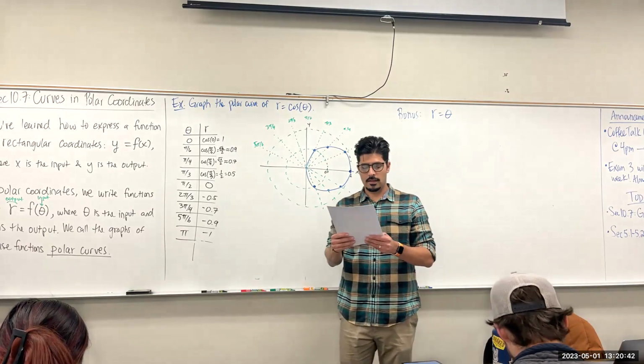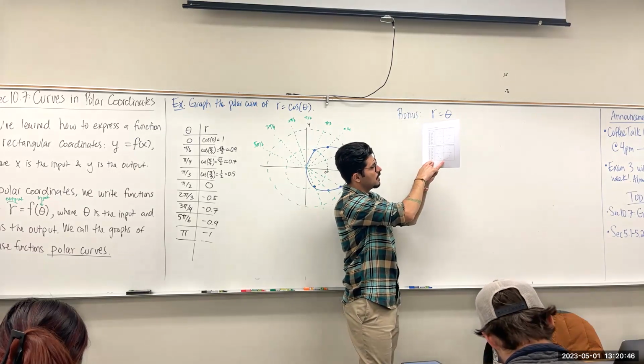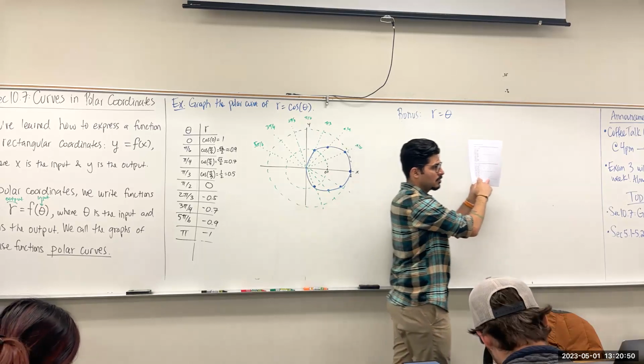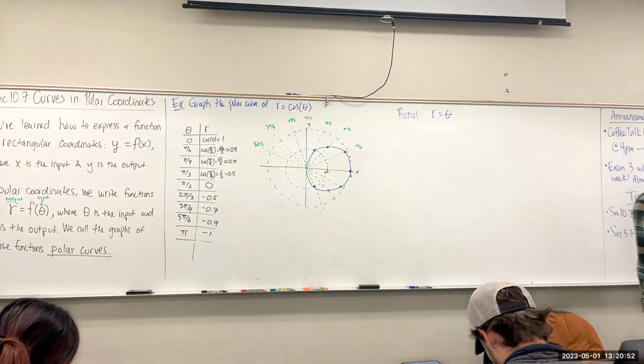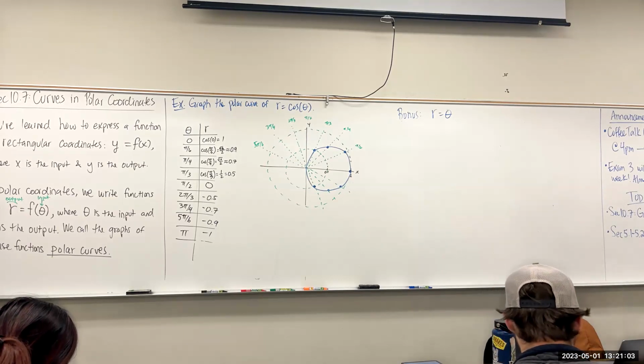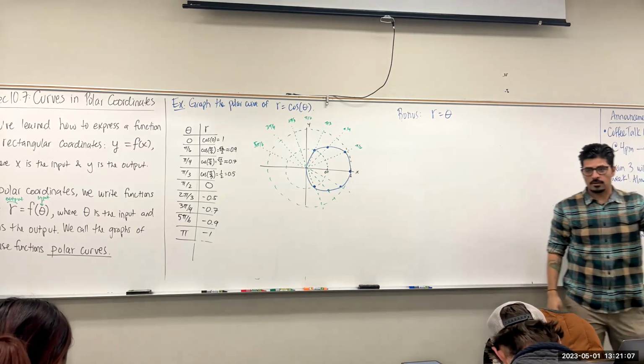Should be negative. Guys, I made a typo for number 2. At 11 pi over 6, it should say negative 1.732. I'm guessing you guys assumed that, right? Okay, good. Sorry about that.